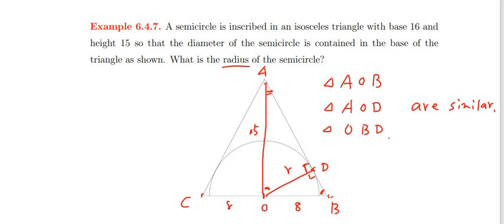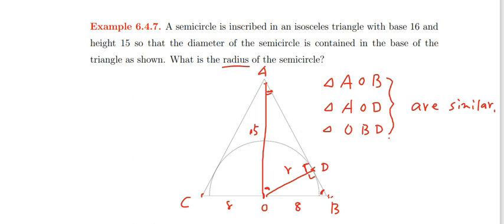So we say these three large triangles are similar. Then based on this, we can find the relationship about R, and we can find this R.